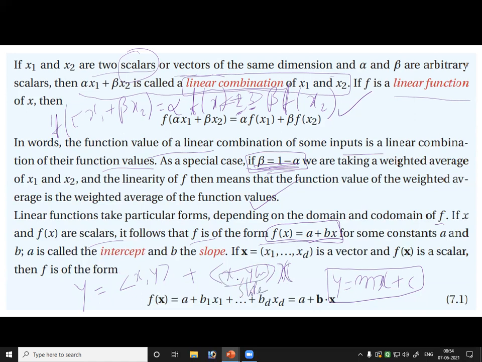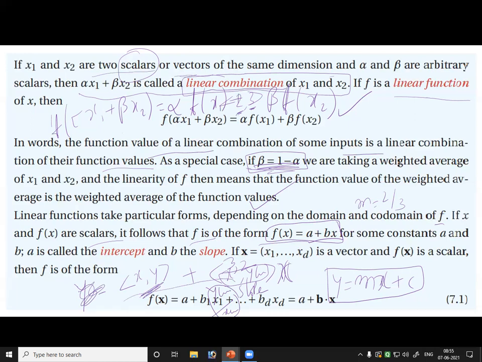Slope is generally represented as the y coordinate by the x coordinate. Suppose the slope m is 2 by 3, then I will represent this as (3, 2). And the point of intersection is represented with (x, y). This is how we show it in vector form.